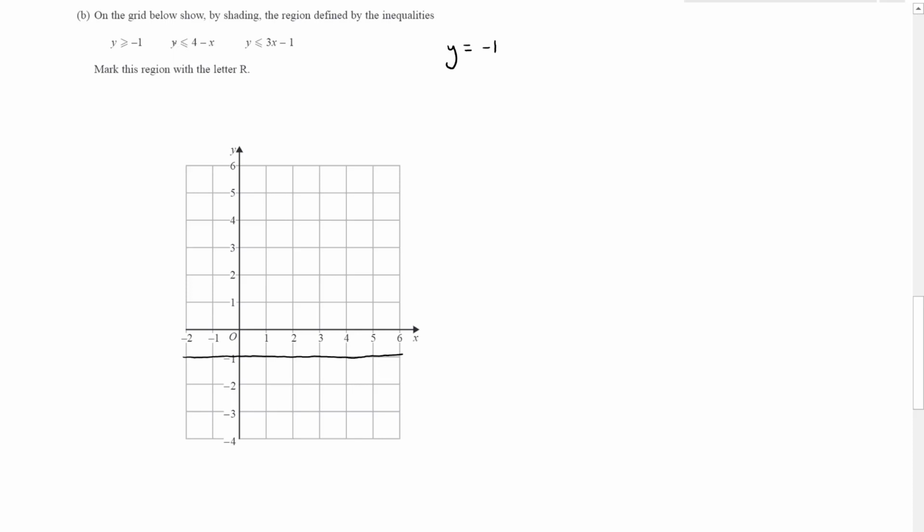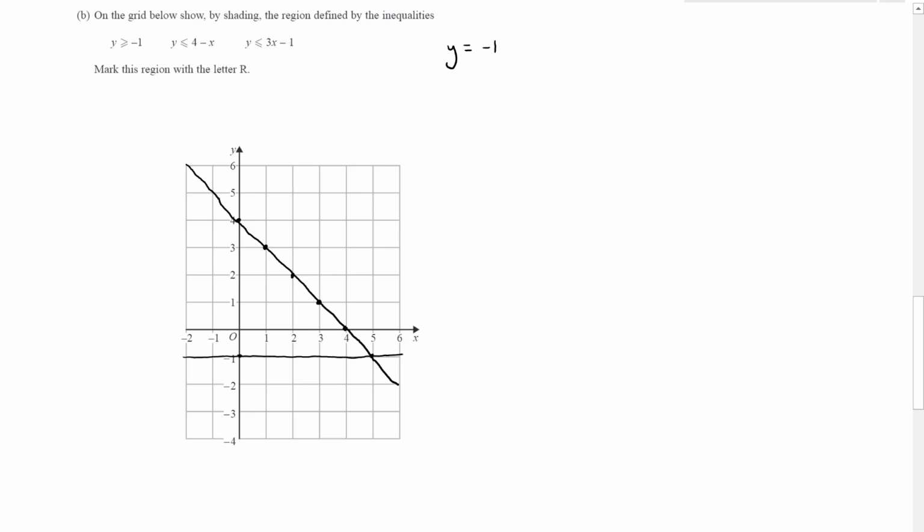Okay. When y is less than 4 minus x, we know its y-intercept is 4, its gradient is minus 1, so when we go across 1, we go down 1, so it's going to look like this. And so we can draw that line going through here. And then our last one is 3x minus 1.